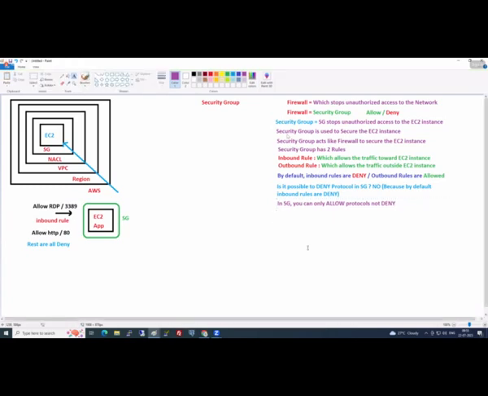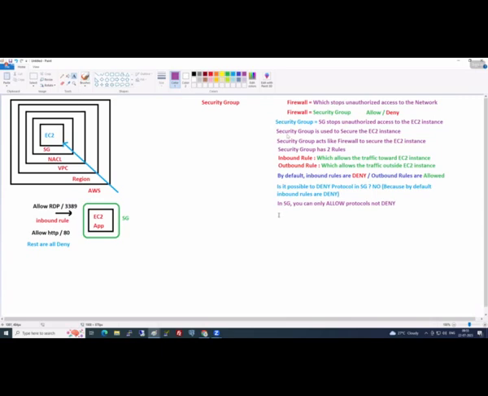So every EC2 instance should have at least one security group attached. Is it possible to have an EC2 instance without a security group? No way, right? You cannot have Bahubali alone. What happened if Bahubali was alone? He was killed, right?